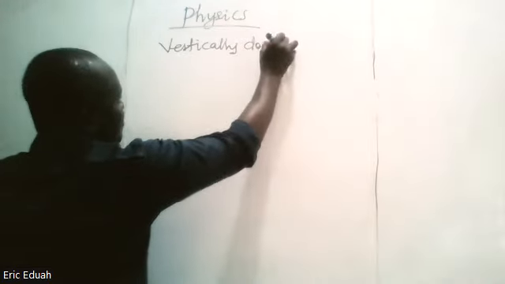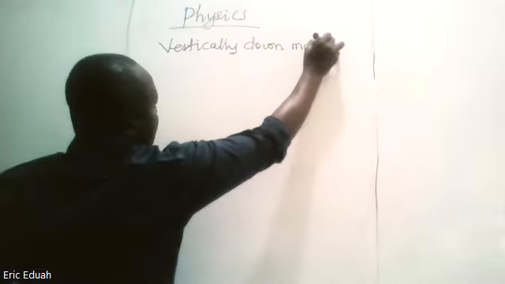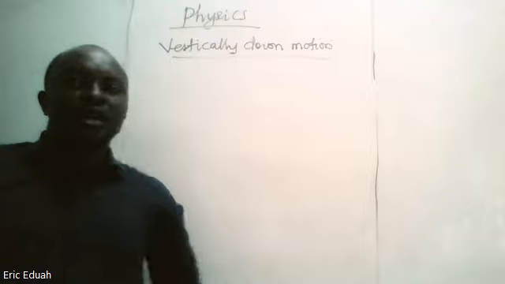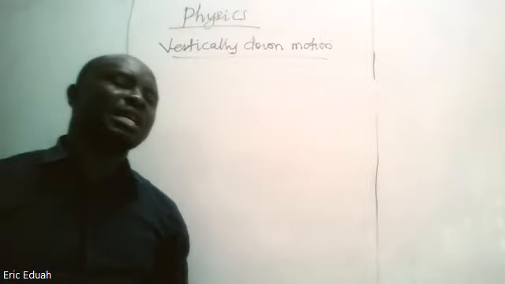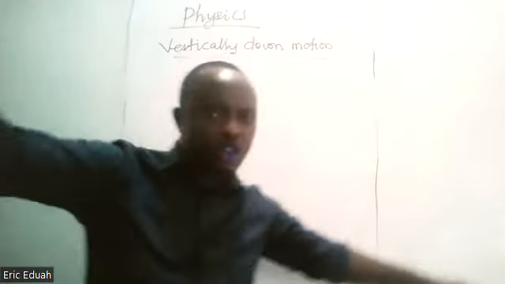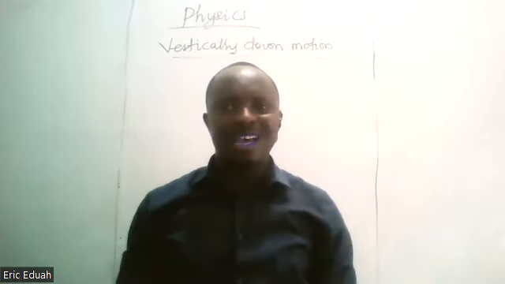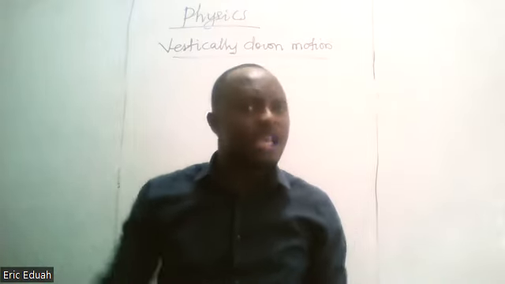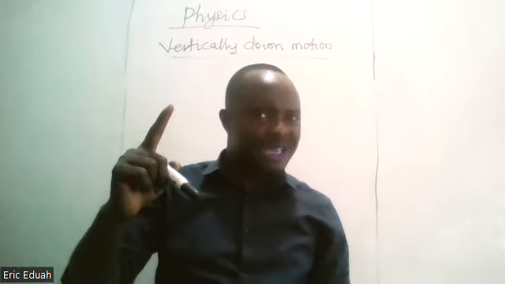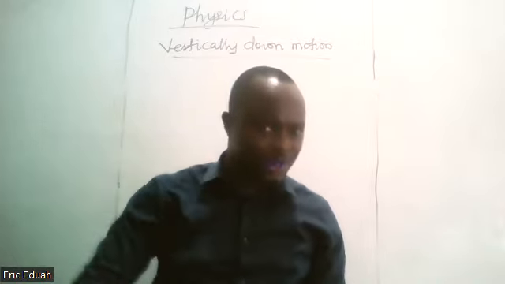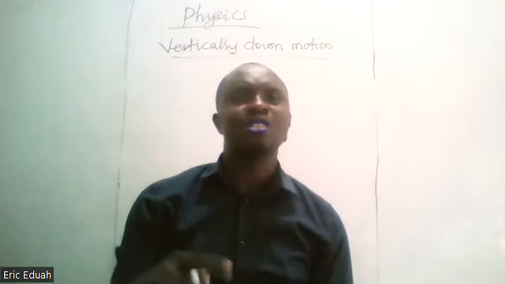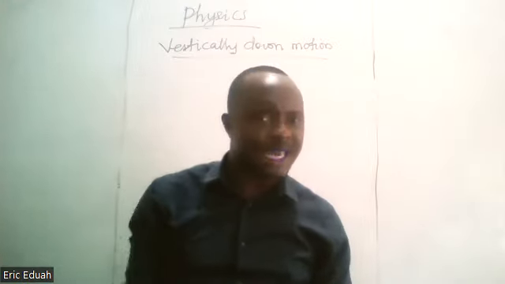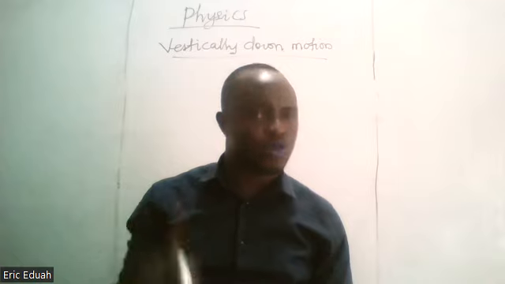So long as bodies find themselves within the gravitational field, a body would certainly fall and accelerate. It will fall or rise and either accelerate or decelerate with a constant acceleration value equal to 9.81 meter per second squared.